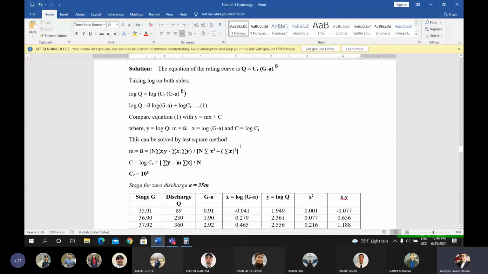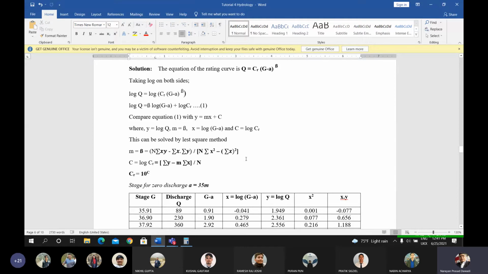If ln, the natural log, is used, then CR will be e power C. You can use it in this way.